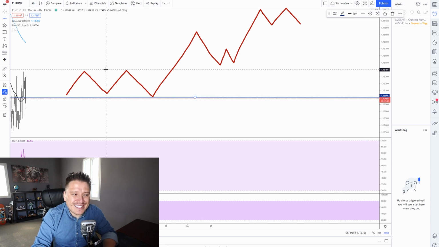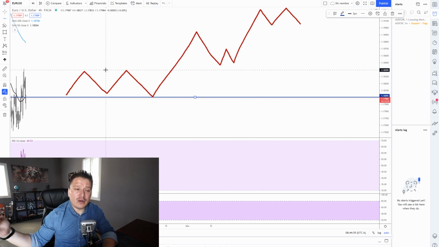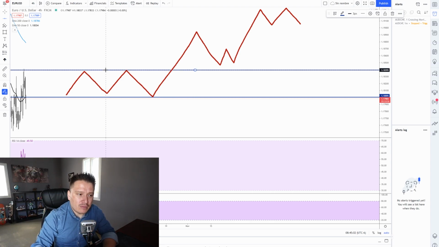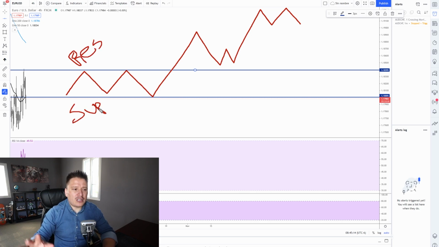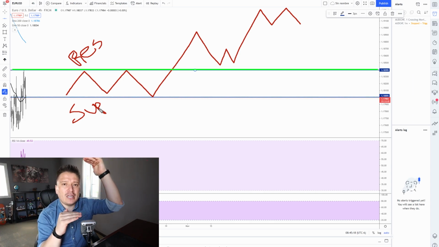And a resistance level is the actual movement of the market, or where the price reaches its highest level. There you go. So right here we are talking about a resistance level, and a support level. Does that make sense? Support level is below and resistance level is above.